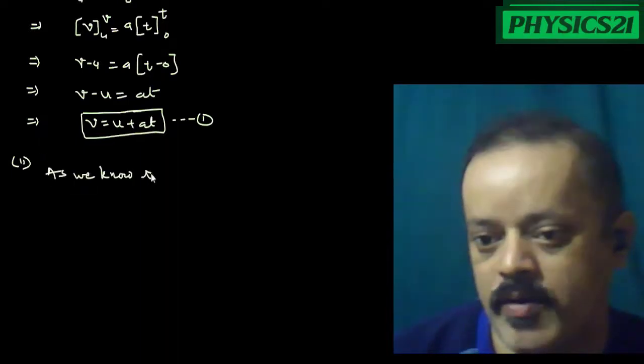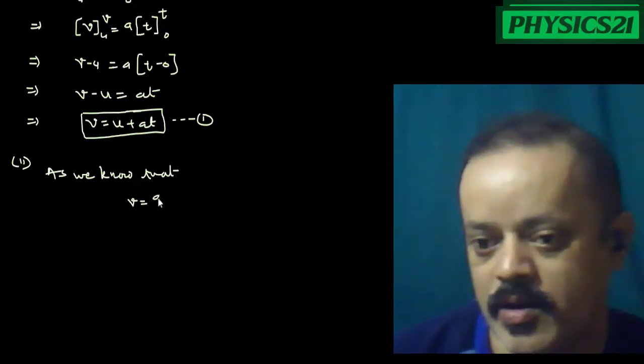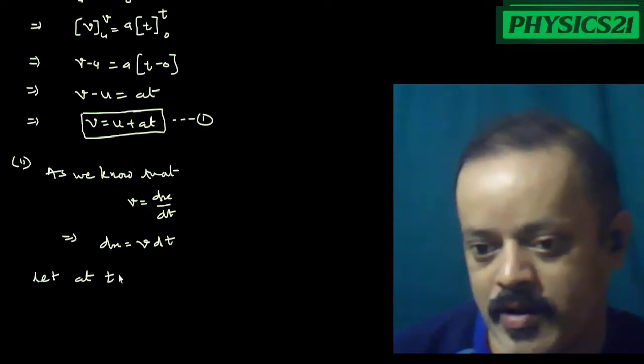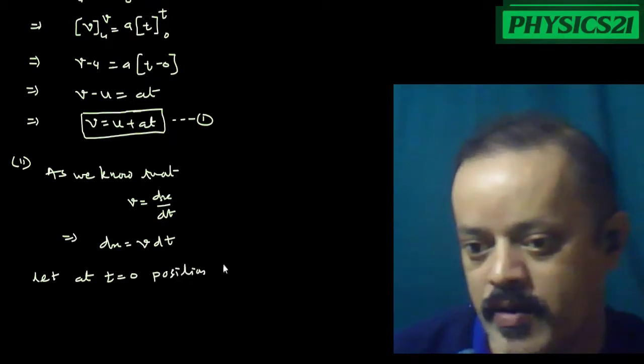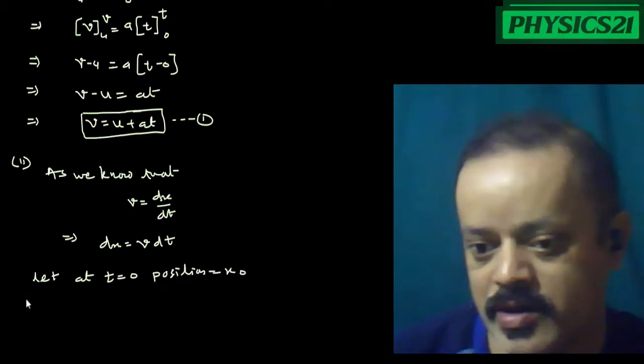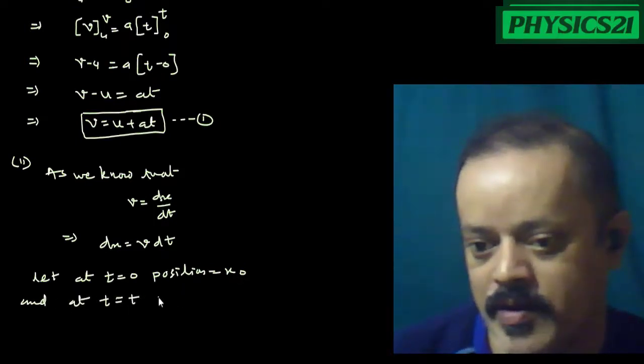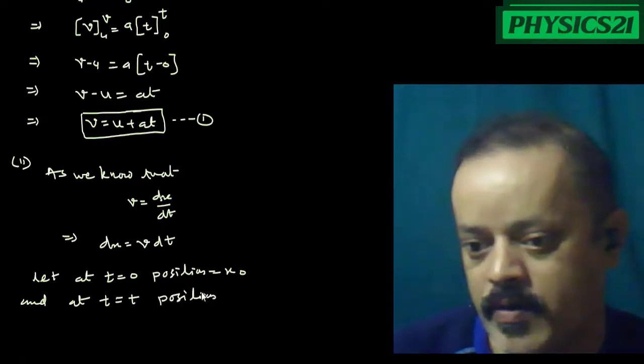Now second equation by the calculus method. As we know that velocity is equal to dx divided by dt. It can be written as dx is equal to v dt. Let at t is equal to 0, position is equal to x naught, and at t is equal to t, position is equal to x.